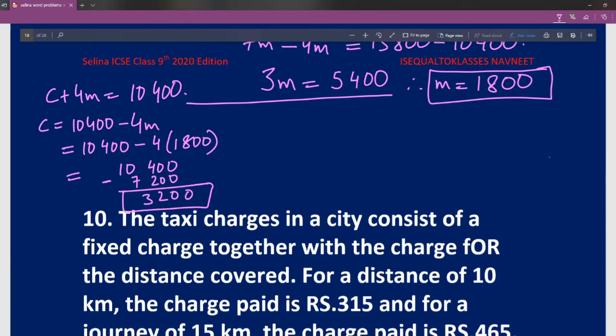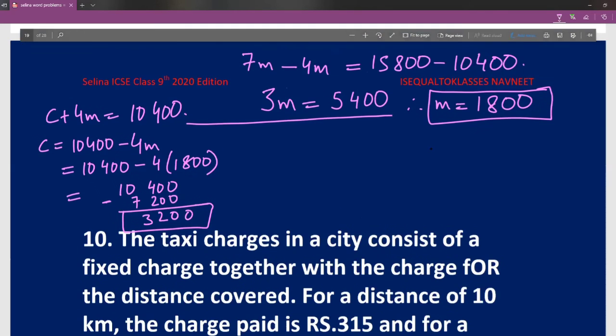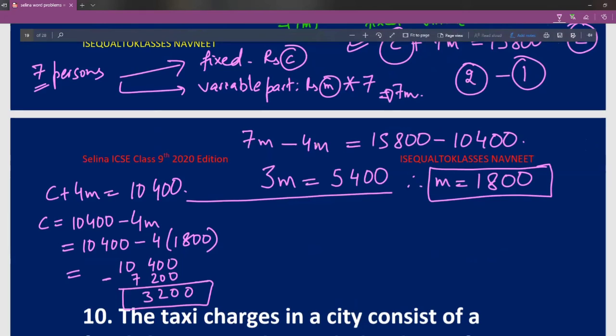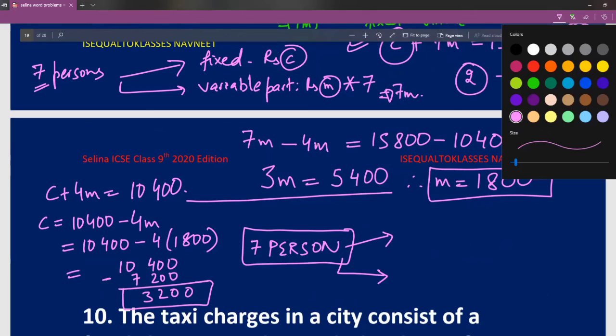Now once we have this answer, let us look at the situation again. Let us look at the situation of this 7 member family. Now you will understand what is happening. Look at the expenses. This family has two kinds of expenses.